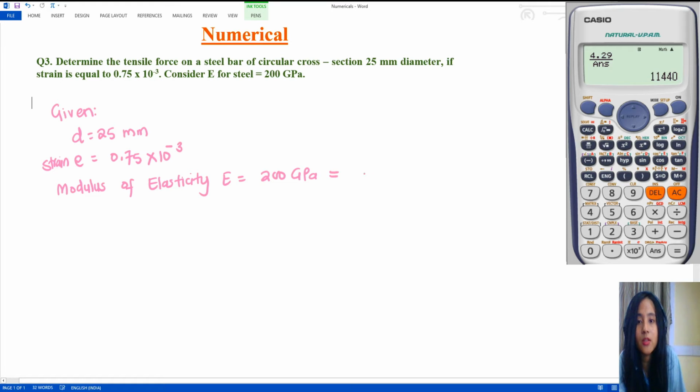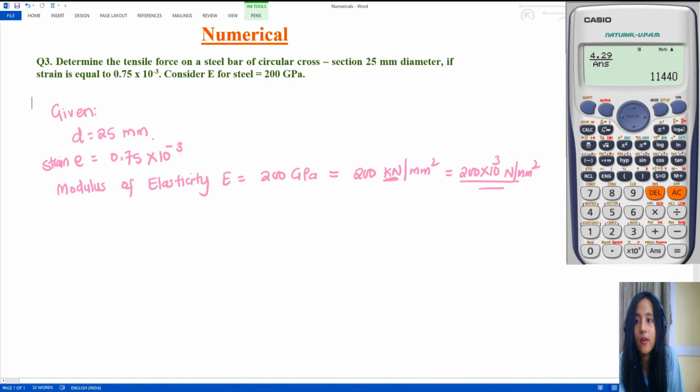This gigapascal will be equal to 200 kilonewton per mm square. Now we need to convert this kilonewton to Newton. So further converting, it will be equal to 200 into 10 raised to power 3 Newton per mm square.